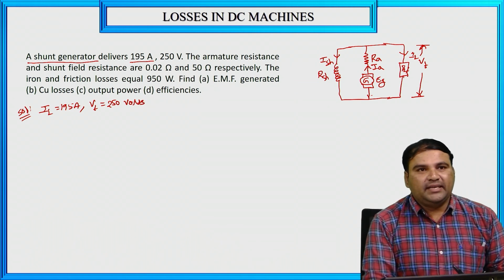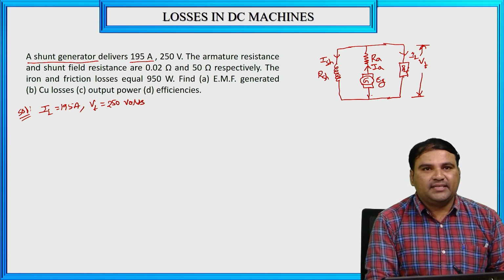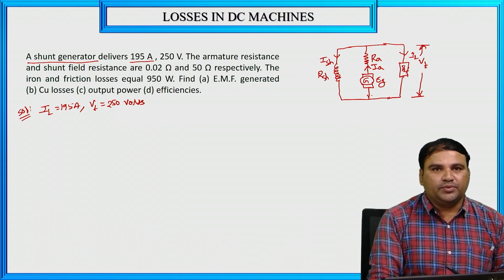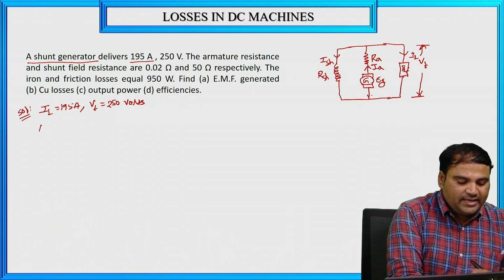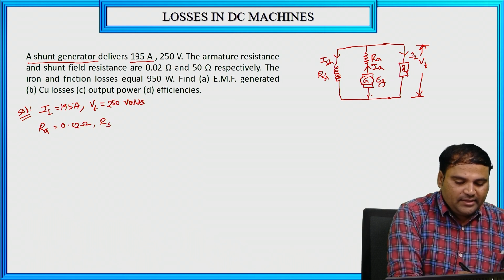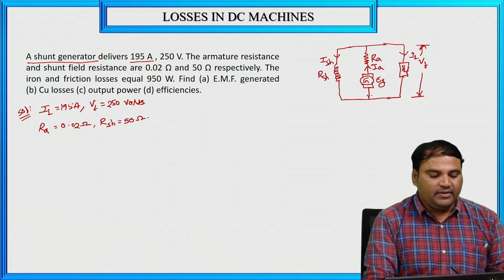The armature resistance and shunt field resistances are 0.02, means armature resistance RA equal to 0.02 ohm and shunt field resistance RSH equal to 50 ohm respectively.